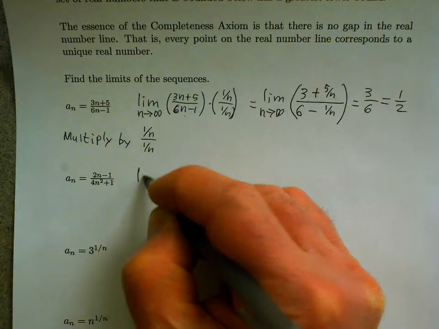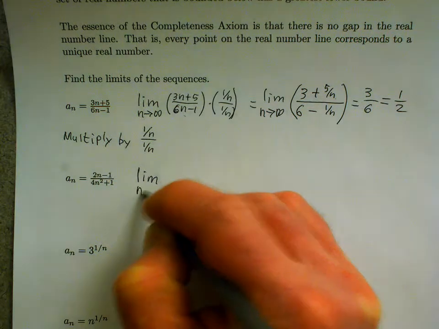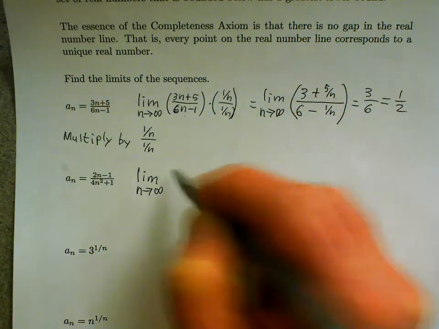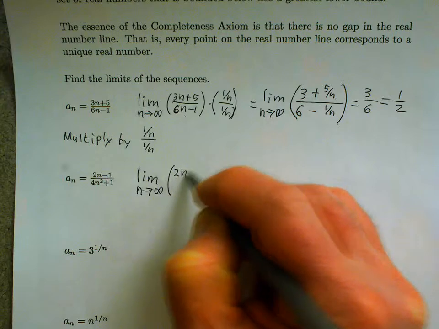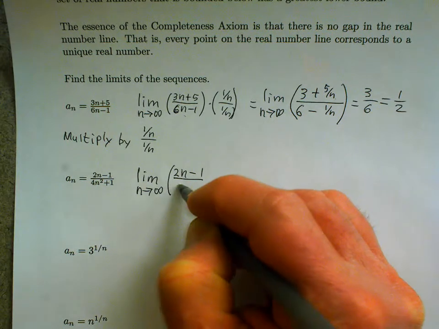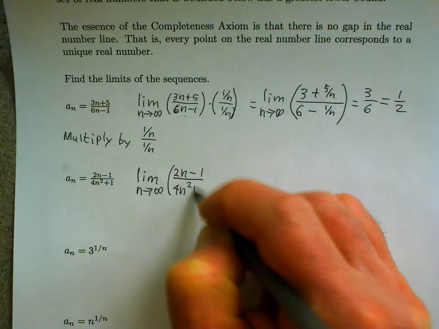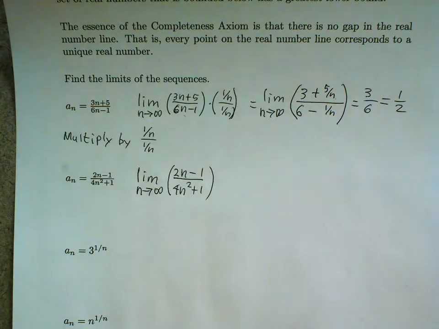So we want to find the limit as n approaches infinity of 2n minus 1 over 4n squared plus 1. What do we do this time?